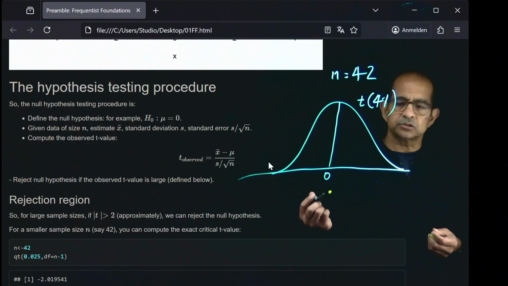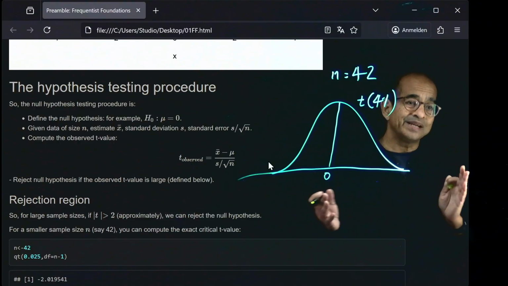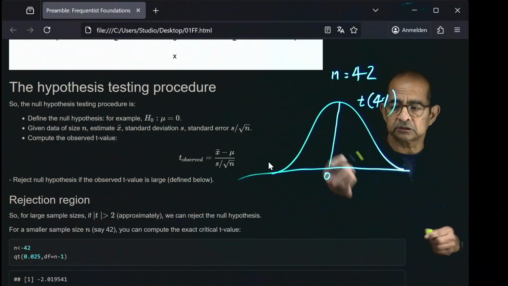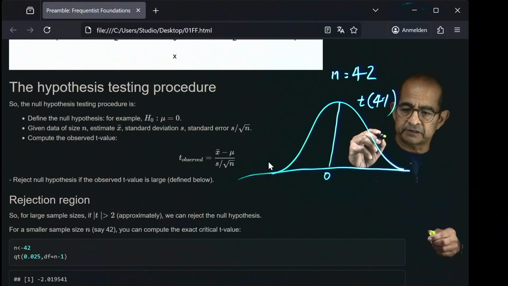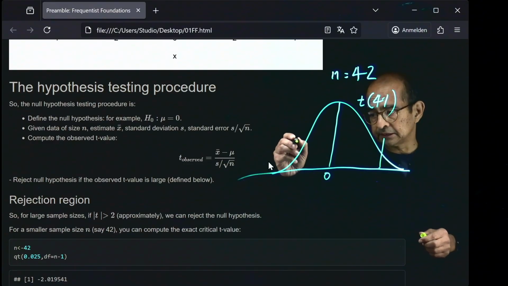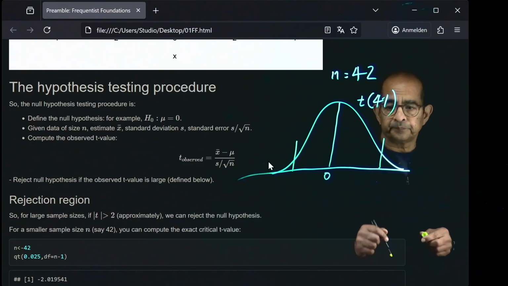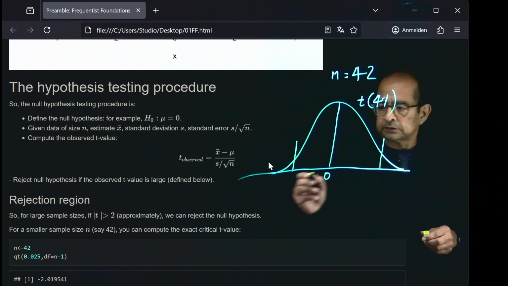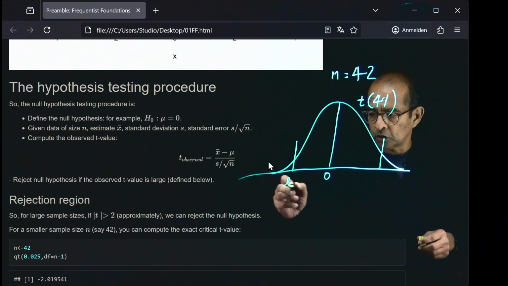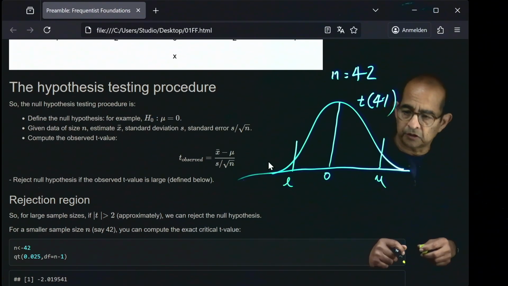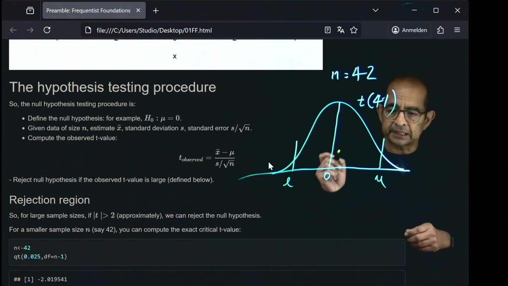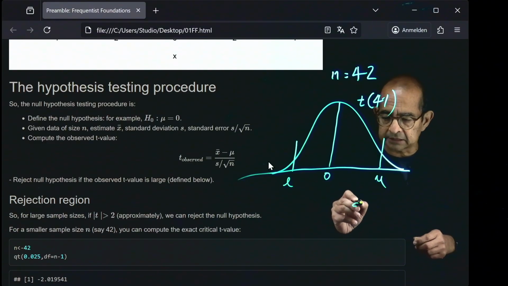That brings us to an important point about how we decide when to reject. The way we will do that is to set up some rejection points in the t distribution. This is the lower bound and the upper bound of the rejection points. These we will call the critical t-value.